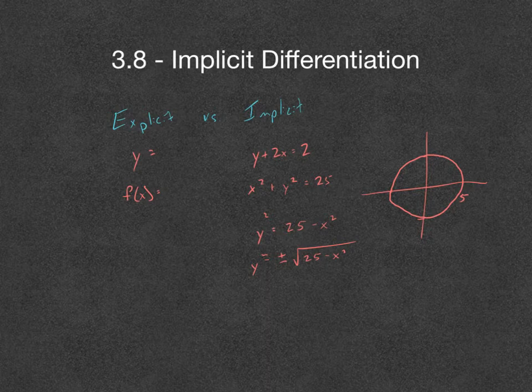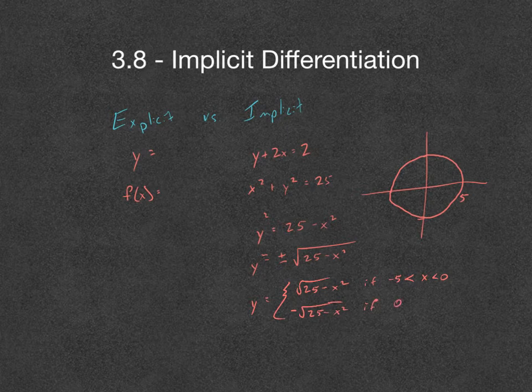So, writing this in function notation, I could write this as a piecewise defined function. y is equal to the positive square root of 25 minus x squared when x is between 0 and negative 5, whoops, I wrote that wrong, and then it's the negative square root of 25 minus x squared if x is between 0 and positive 5.